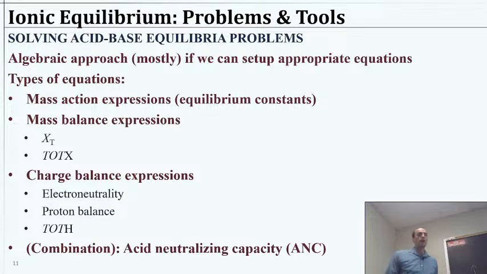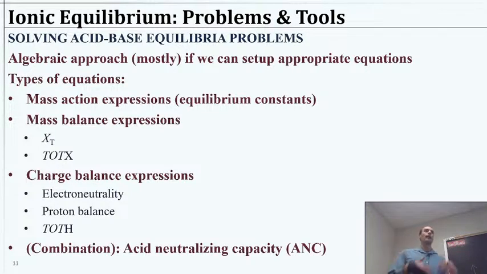Okay, but on to a little more practical matters. How do we solve or approach these problems? Really, it's a lot like mass balances, and we will look at mass balances. We're going to get some algebraic expression in order to find what we need. So if what we need is to find the pH, we're going to find how many unknowns we have and find enough equations so that we can solve for the unknowns.